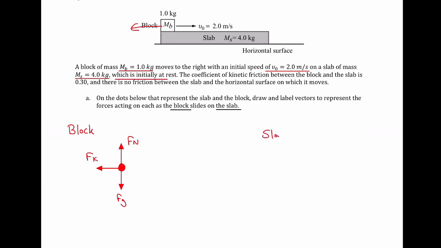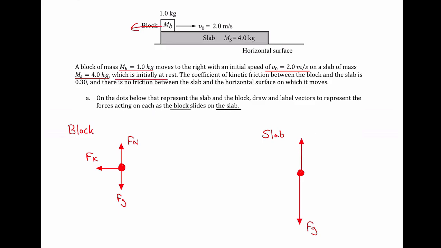And let's talk about the slab. Again, this slab is on planet Earth, so there will be a force of gravity on it, and actually a greater force of gravity since the mass is greater, and a normal force from whatever surface is below the slab.